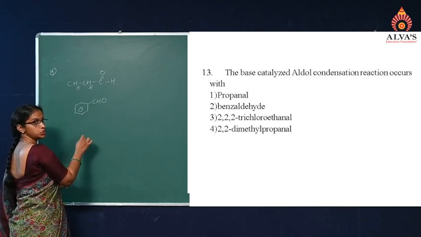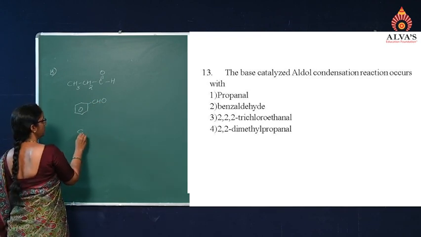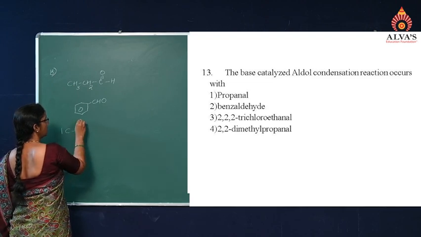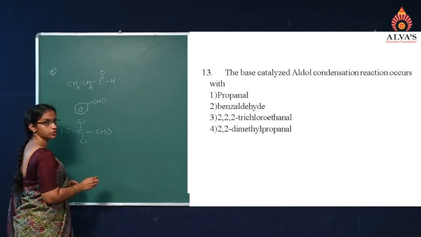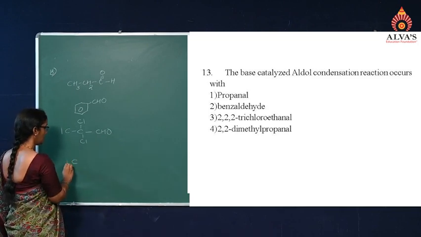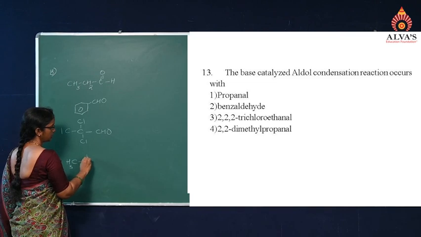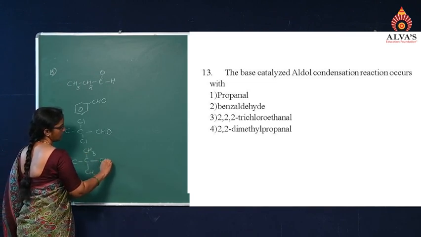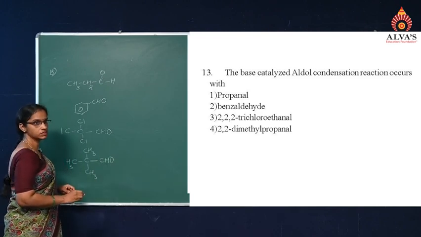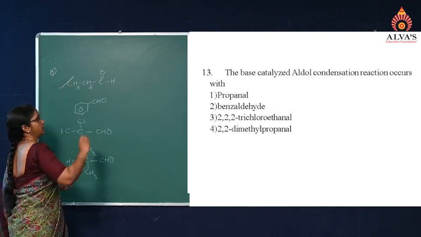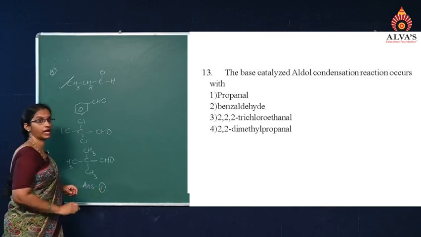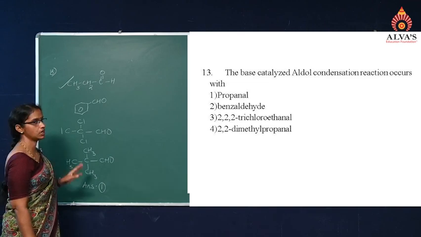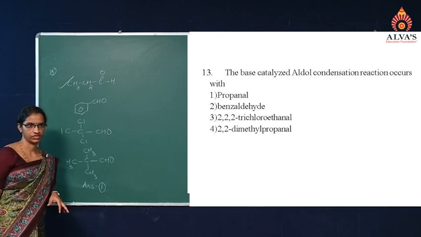Third one is 2,2,2-trichloroethanal, CCl3CHO, and fourth one is 2,2-dimethylpropanal, so it is (CH3)3CCHO. Out of the 4 compounds, propanal, that is option 1, is the answer, which has presence of alpha hydrogen, and only it can undergo aldol condensation reaction.